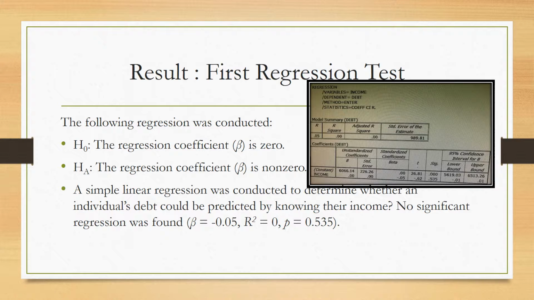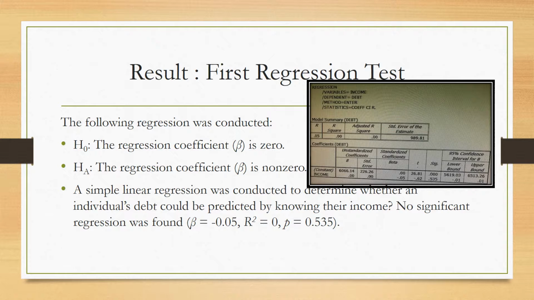Let's go for the first regression test model. The null hypothesis: the regression coefficient beta is 0, and the alternative hypothesis: the regression coefficient beta is non-zero. From PSPP we'll get the result as shown there in the box, where we can see beta is equal to minus 0.05, r square is equal to 0, p is equal to 0.535.